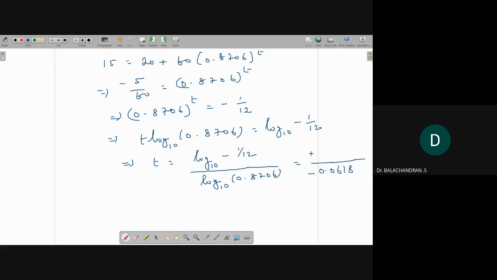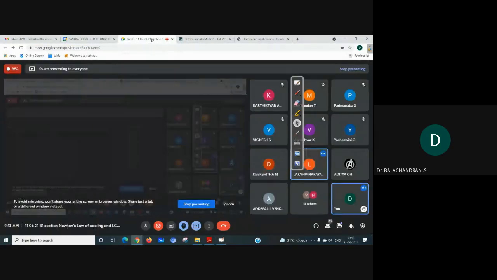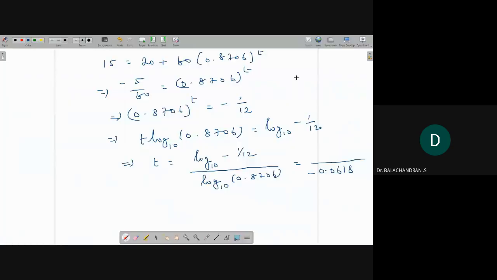You can't find the log of a negative number. So what happened?